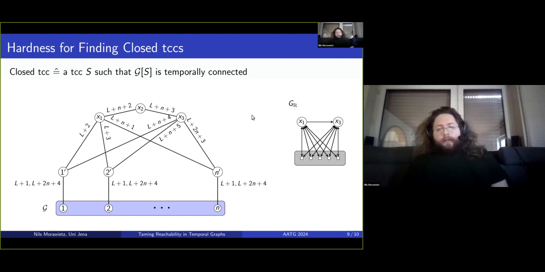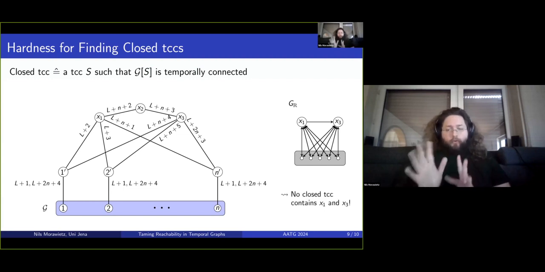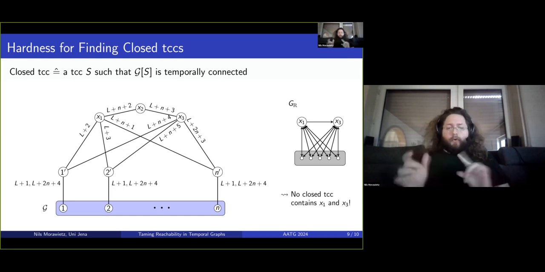And the thing now is, because x1 and x3 are not bidirectionally connected, since x3 cannot reach x1, each closed TCC can contain at most one of x1 and x3. This means that, without loss of generality, we can assume x1 is not there. And if x1 is not there, no vertex from down here can reach x2, which means we also can't include x2.